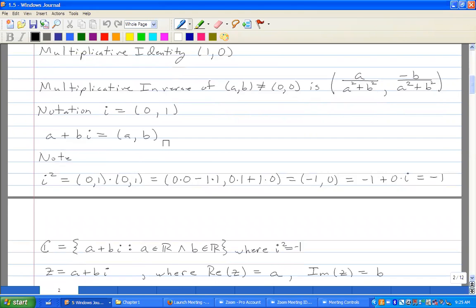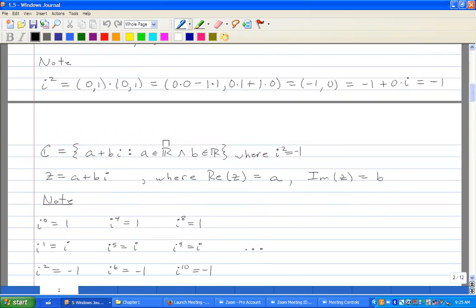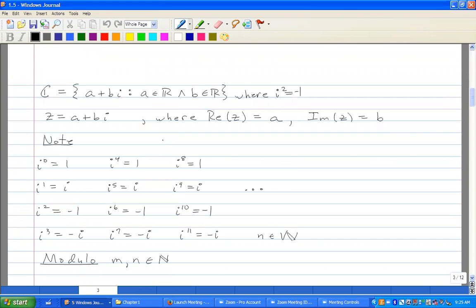And so I'll define the set of complex numbers. Now that I've made sense of this, I can use the fact that i squared equals -1. So I'll define the set of complex numbers as the set of all numbers of the form a plus bi, where a is a real number and b is a real number, where we have that i squared is -1. Usually, we denote the complex number a plus bi with the letter z.